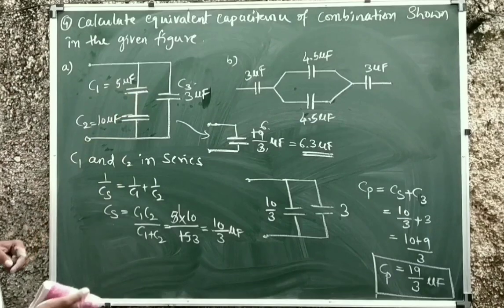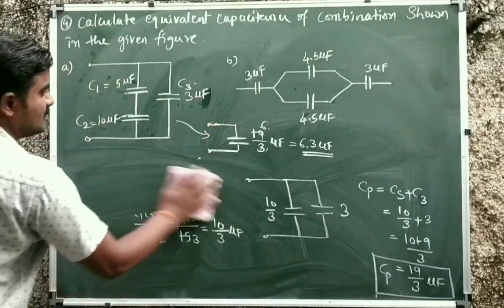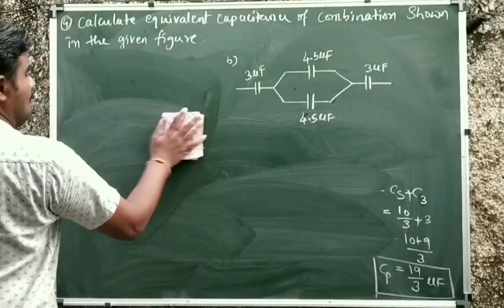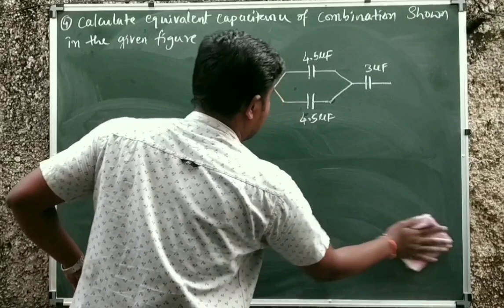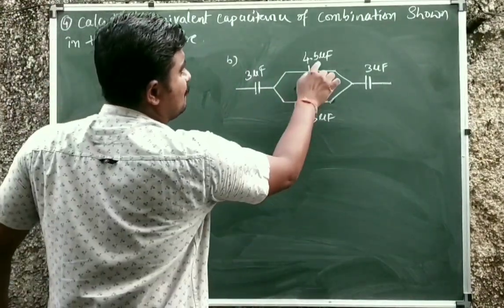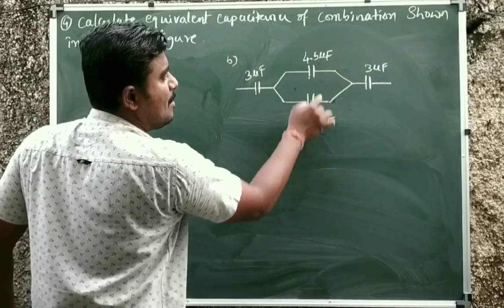So now let us solve the second B part. Okay, I will wash this. See here, once again this 4.5 microfarad and 4.5 microfarad, these two are connected in parallel.